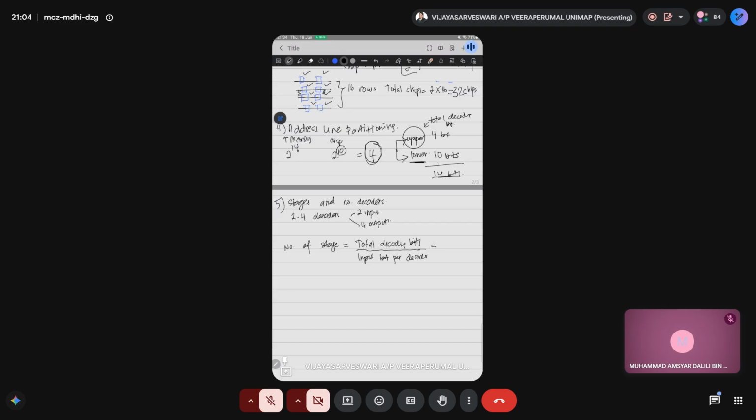Or if you are confused about which is the upper and which is the lower, just imagine you use 14 minus 10, the memory size minus the chip size. It's simple. So 14 minus 10 divided by the number of inputs for our decoder, which is 2.